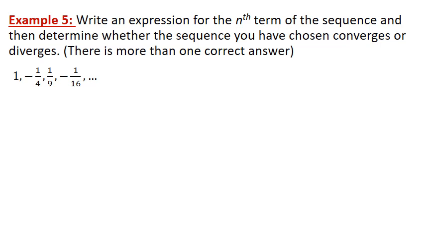So in this example, it says write an expression for the nth term of the sequence, and then determine whether the sequence you have chosen converges or diverges. Now, there can potentially be a few different answers for this. We kind of need to be careful with this.